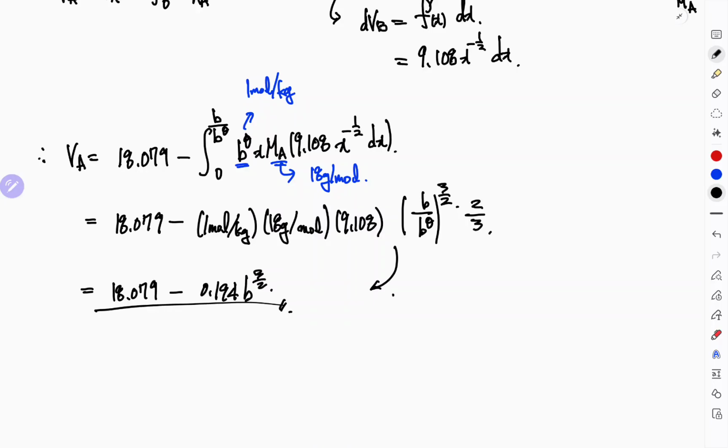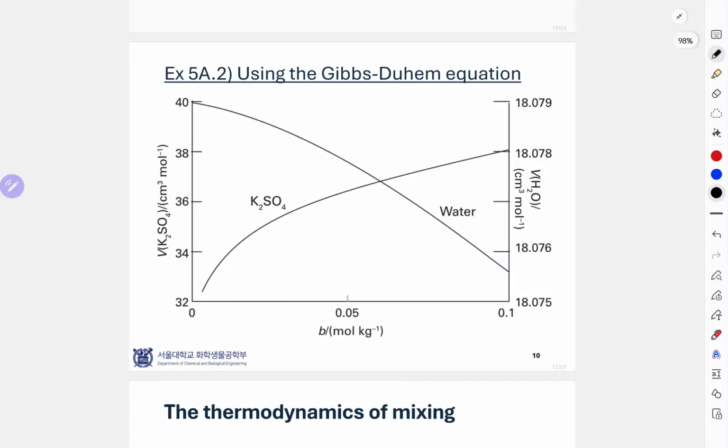And this is b, the molarity of this potassium sulfate. So if there is no potassium sulfate, if you use this axis, the initial volume is 18.079. But when you add this potassium sulfate, the water molar volume decreases, and this is the V_A.